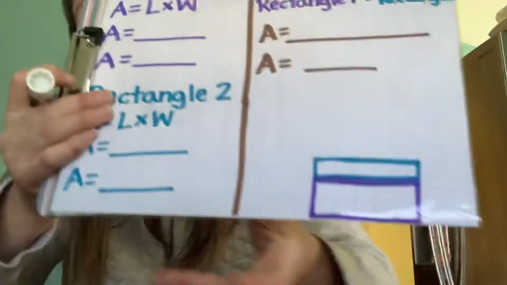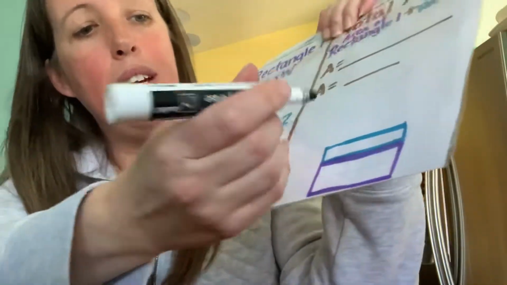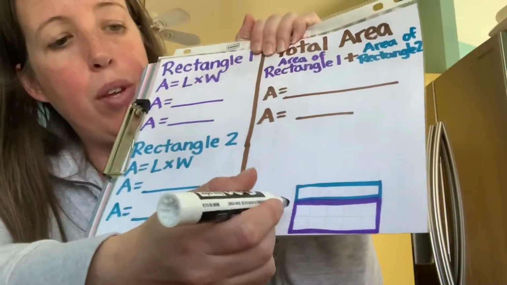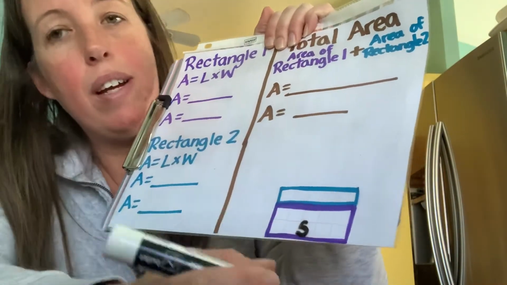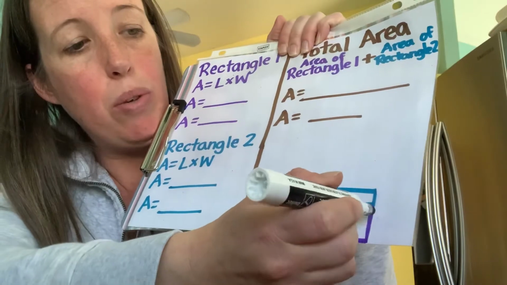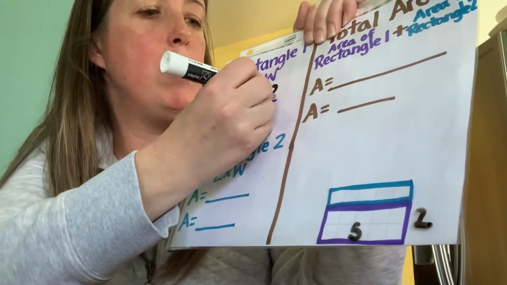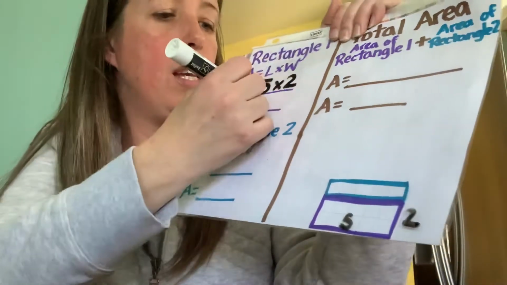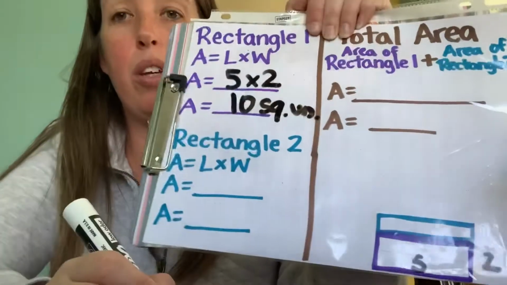So, rectangle 1, first find the length. It has a length of 1, 2, 3, 4, 5. So 5 times 1, 2. 5 times 2 gives me an area of 10 square units.